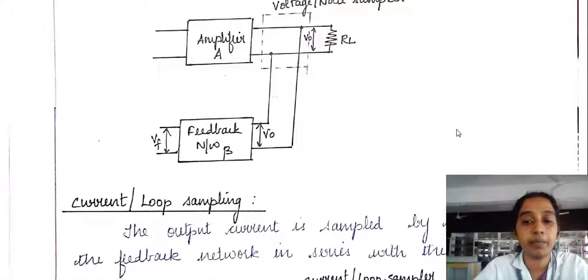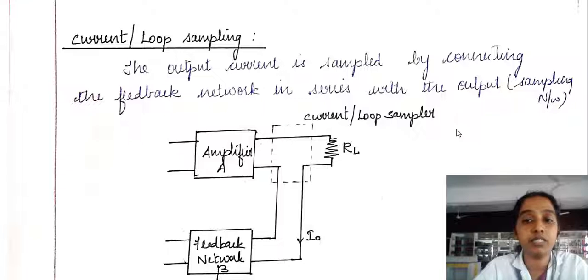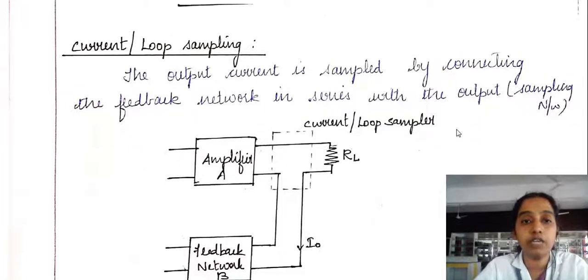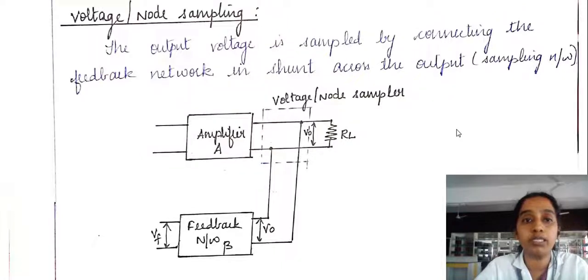And current sampling is done by connecting the feedback network in series with the output. If you note properly, voltage sampling uses the shunt connection in the sampler and uses the series connection in the mixing.